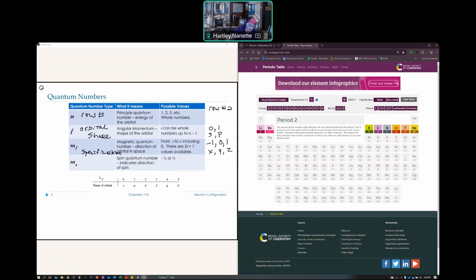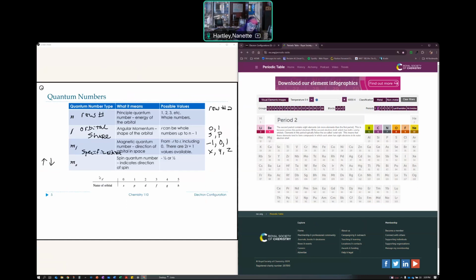How we typically represent that is as either a spin up or a spin down. You may have seen people drawing them this way. Why we do it up and down and left and right, I'm not sure, but I think it is just a convention that we use. The spin quantum number indicates the direction of the spin.